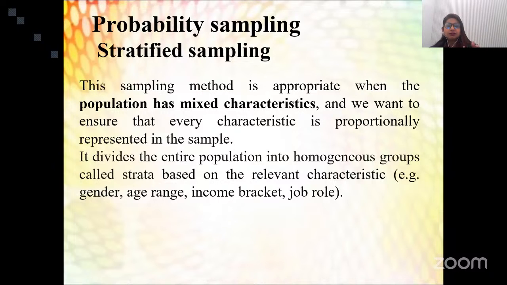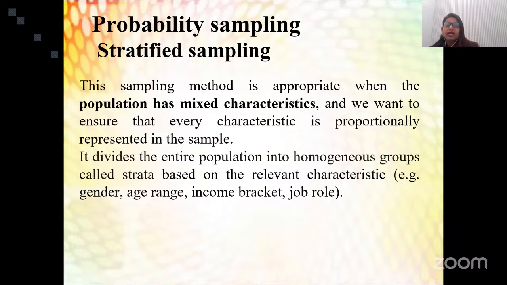Mixed characteristics means you divide your population into homogeneous groups. If you have a mixed-characteristics population, you can divide your entire population into homogeneous groups based upon relevant characteristics. The relevant characteristics may be gender, age, income, or job profile. On the basis of that, you can categorize your entire population.